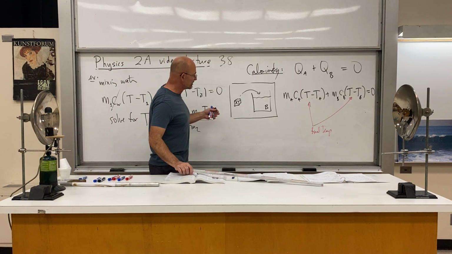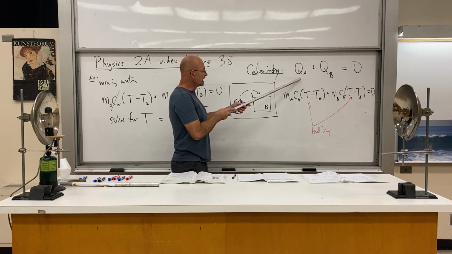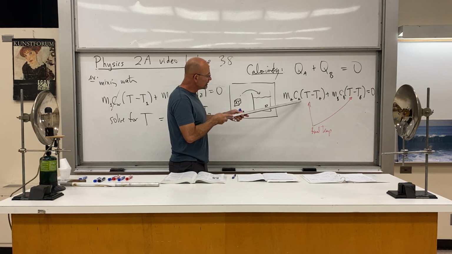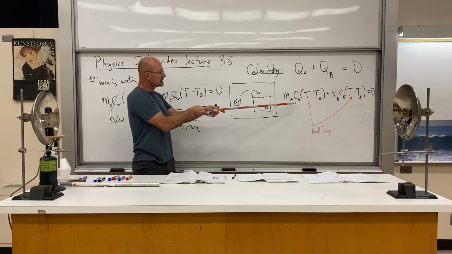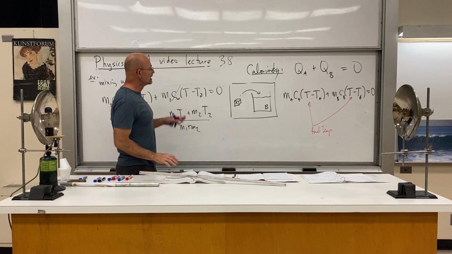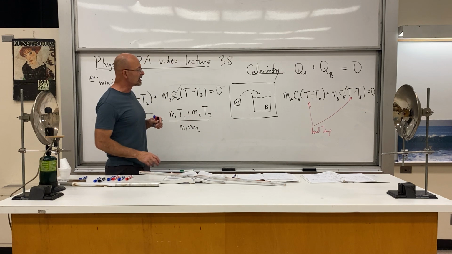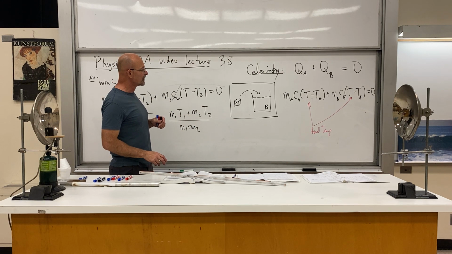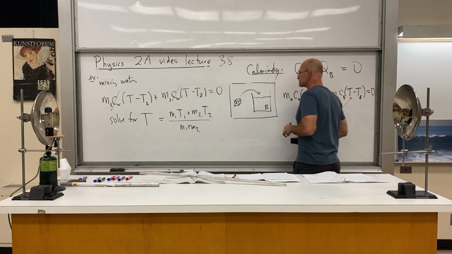Because if we were to pour all kinds of different stuff in here, the heat quanta would still be written down this way, and they would all come to this final equilibrium temperature T. So I'm going to leave it at that for the basic calorimetry, and we'll look at a homework later on. There's more to it, namely. This is the basic version.